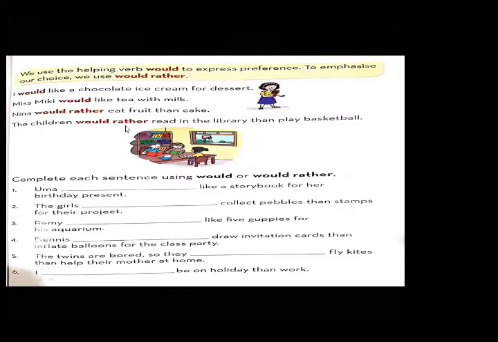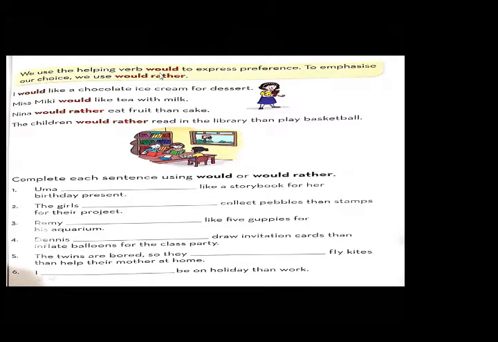So here I am sharing my special importance towards ice cream. So to show special importance to some object, to something, we use would rather.